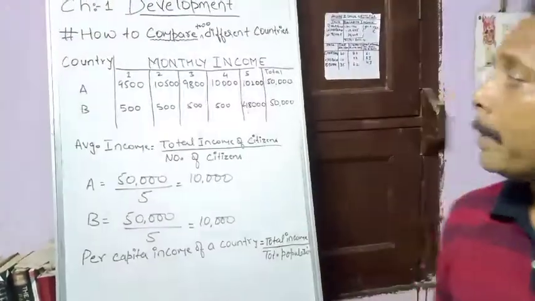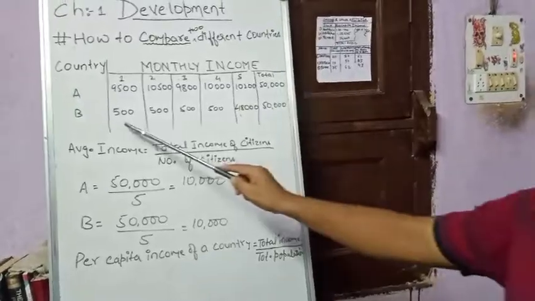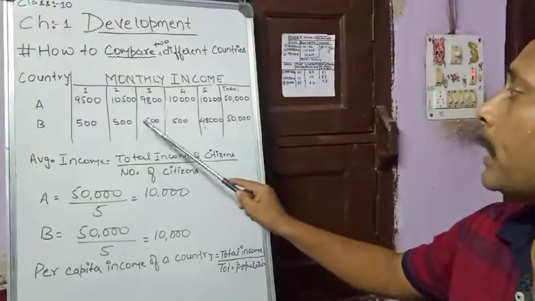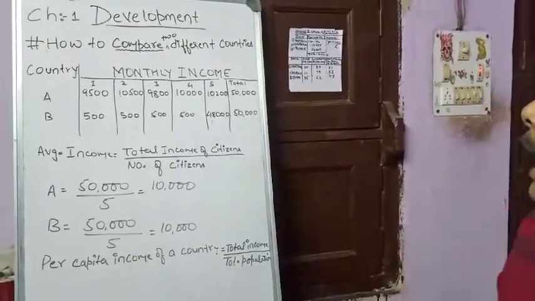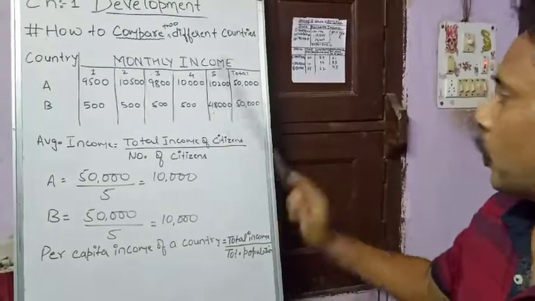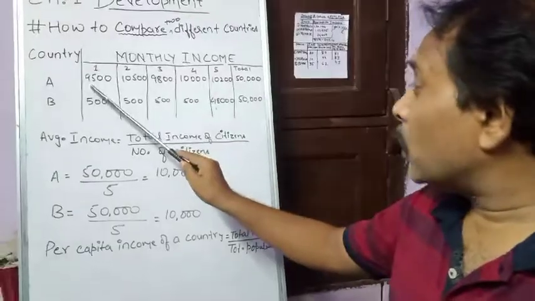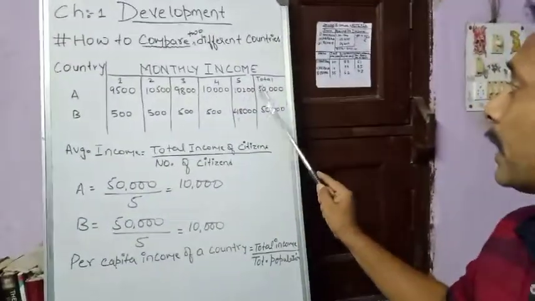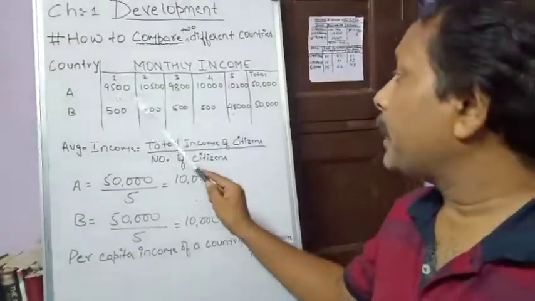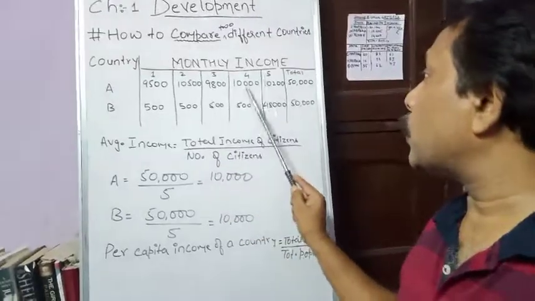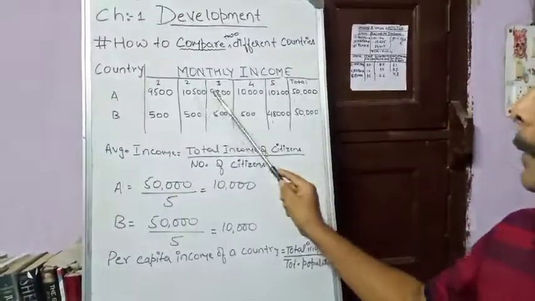But there is one problem. Here we find that in country B most of the citizens are poor and only one is rich. But in country A, most of the citizens' salaries are nearly the same. It means there are no fluctuations between rich and poor.